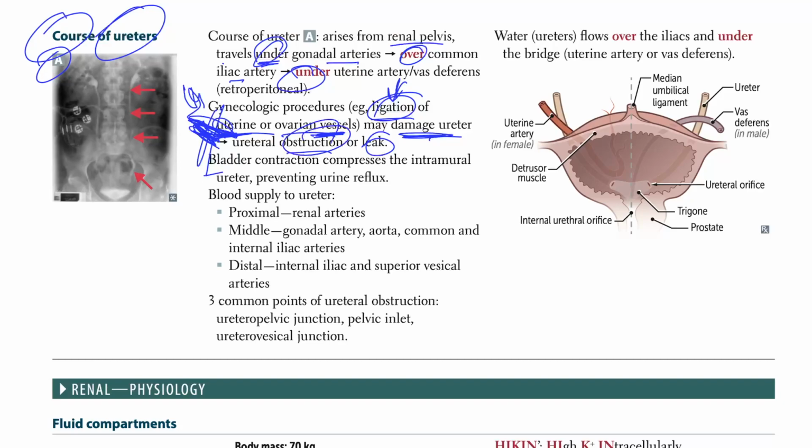So bladder contraction compresses the intramural ureter, preventing the ureteral reflux. So now, very importantly, if you have this bladder and ureters open into the bladder, how come the urine is not refluxed back into those ureters when there is so much increase in pressure?